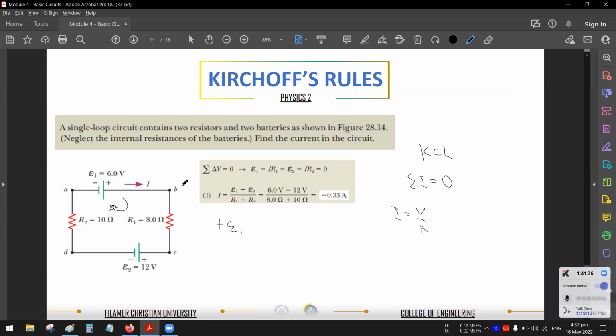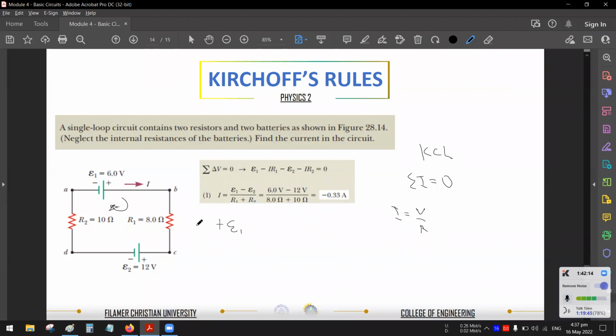And then, what's next? From point B to point C, kasi clockwise tayo, it represents a potential difference of negative IR. Negative IR. Okay? Bakit negative IR? Di ba? Based lagi na sa ating representation, if the charges move from the higher potential end of a resistor toward the lower end.